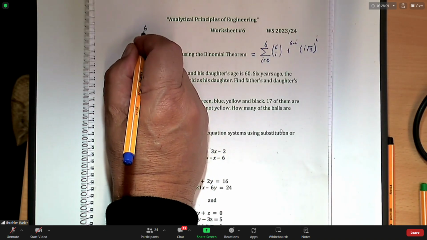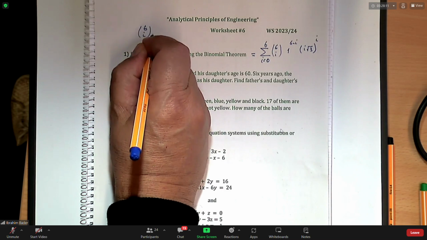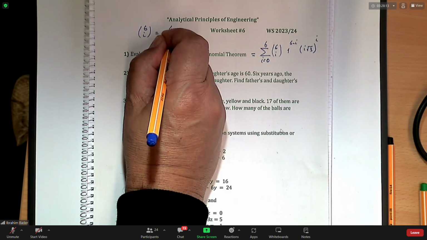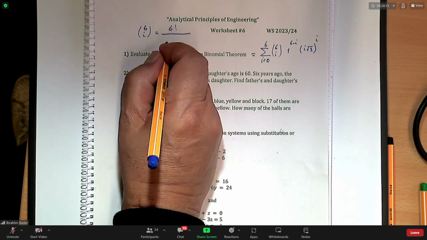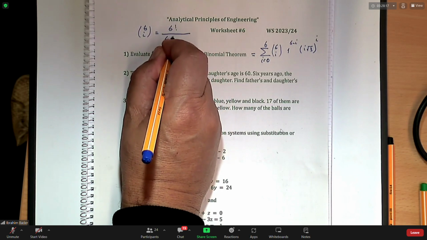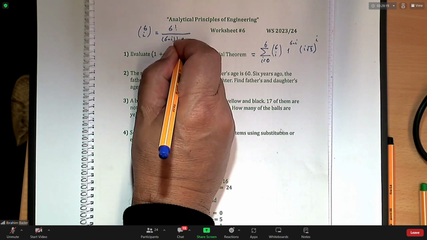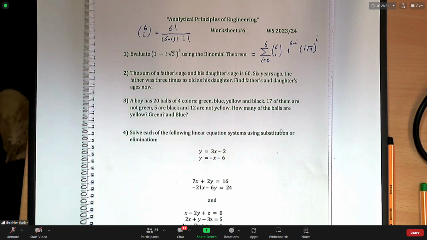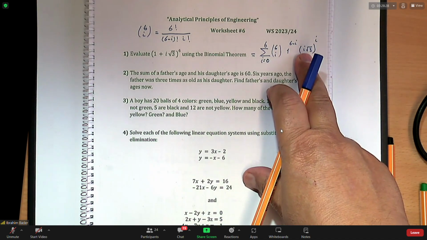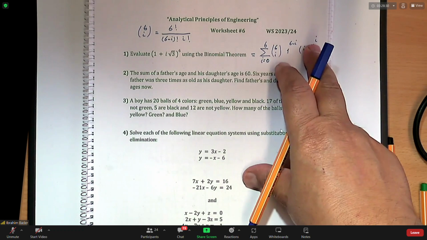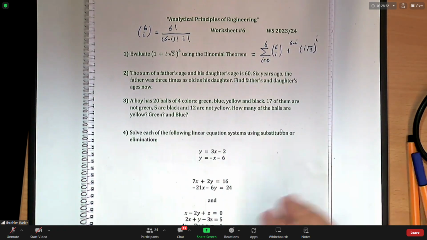You remember 6 choose I is equal to 6 factorial over 6 minus I factorial times I factorial. Okay, these are the coefficients. And here you have to pay attention: when you have I to the power 2, you get -1, right?